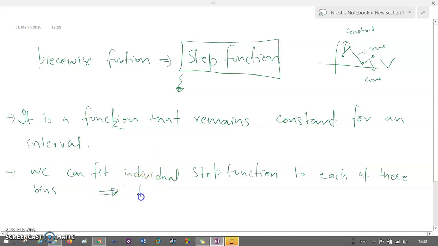And why are we doing it? To impose a global structure. Okay, global structure, it means I'm not using the entire data set to impose global structure. But instead I'm separating out some of the data points to bins, and then I'm applying small step functions to get the result. Okay, and so we are breaking the range of x into bins.